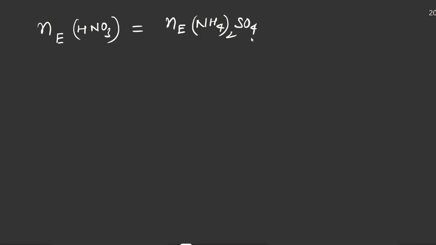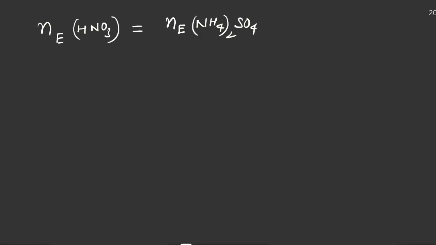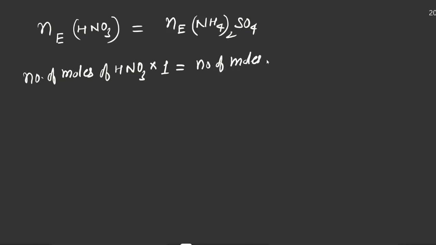Now, the number of moles of HNO3 that we have to calculate is multiplied by 1, because the N factor of HNO3 is 1, and the number of moles of ammonium sulfate into 6.